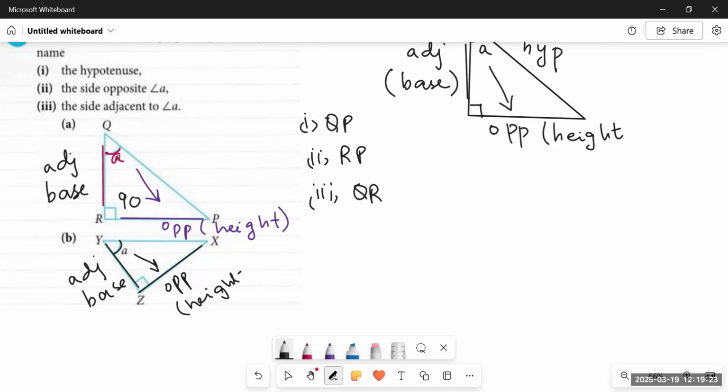And remember, the side that is opposite to this 90-degree angle would always be the hypotenuse. So in this case, number 1, the hypotenuse would be YX. Number 2, the adjacent side would be YZ. And number 3, the opposite side would be ZX or XZ.